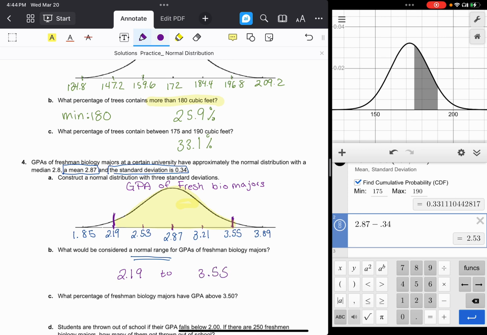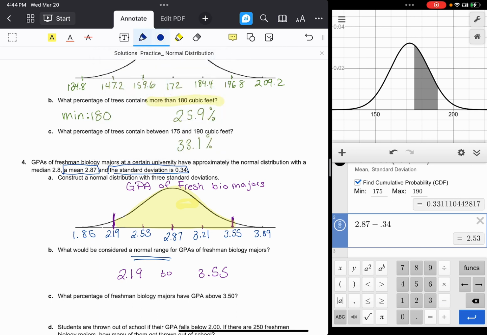And even without my normal curve, I could calculate this. If I didn't have the drawing out, I personally like having the data display. I'm a very visual person, so it helps me to see the number line. But just in case you just wanted the normal range without having to draw out the diagram, you could calculate that by taking your mean.